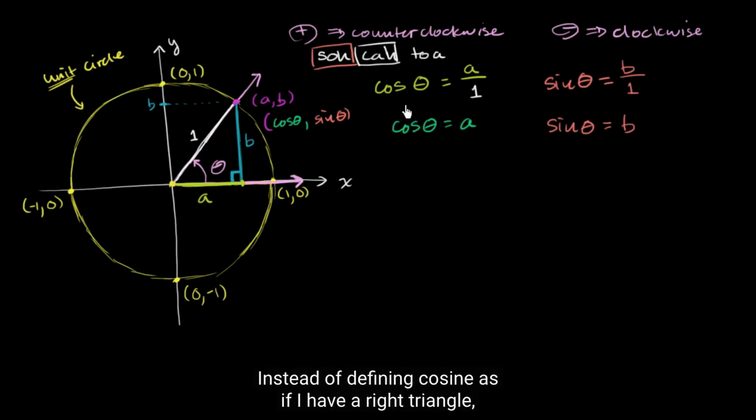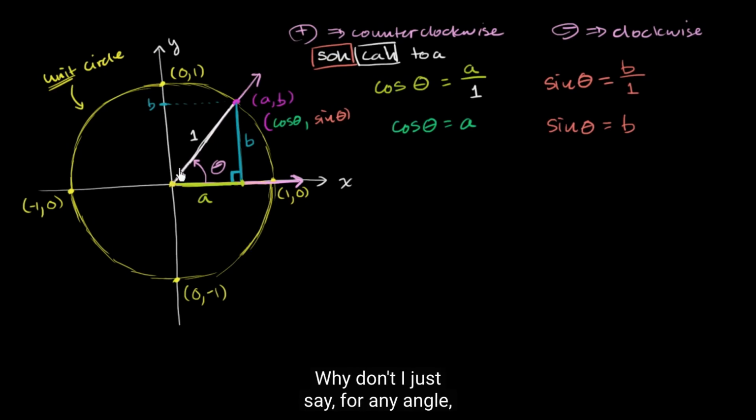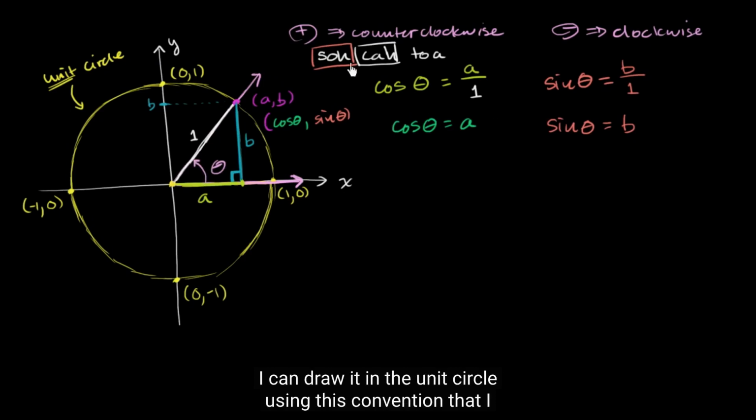Instead of defining cosine as, if I have a right triangle, the adjacent over the hypotenuse, sine as the opposite over the hypotenuse, and tangent as opposite over adjacent, why don't I just say, for any angle, I can draw it in the unit circle using the convention that I just set up.